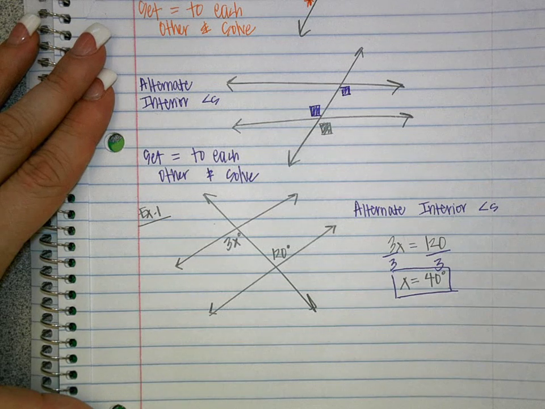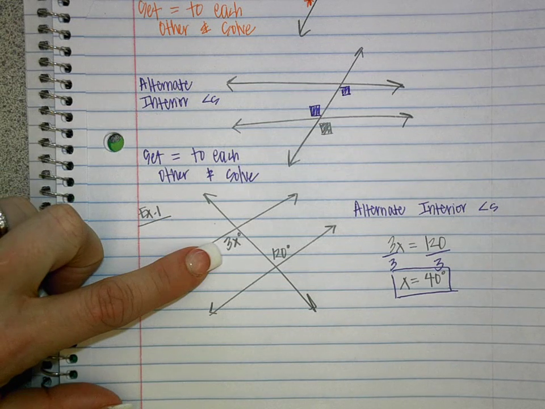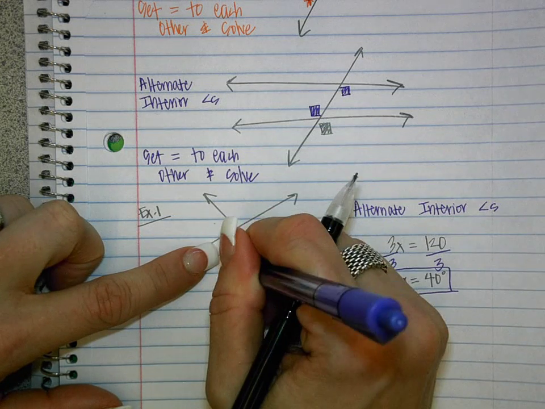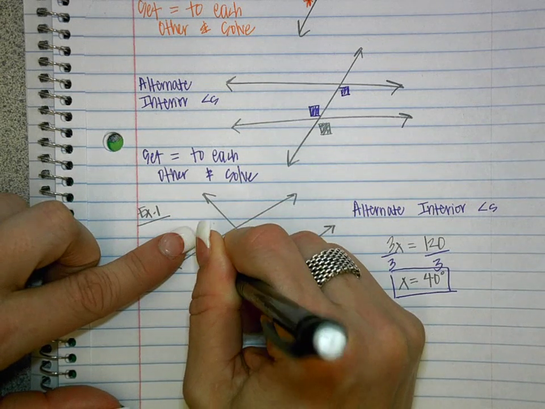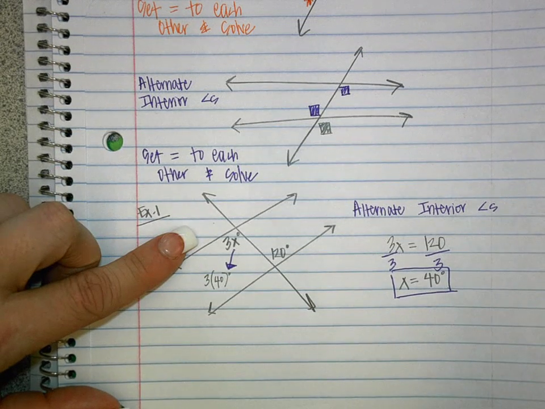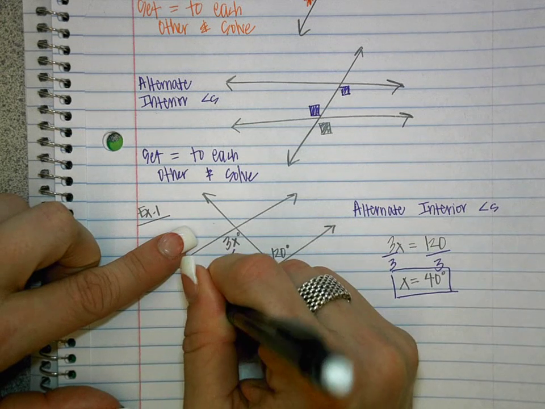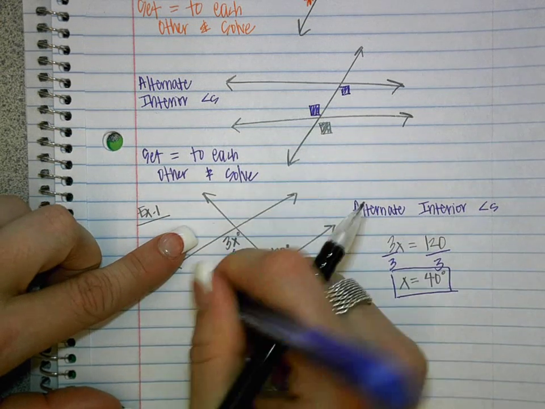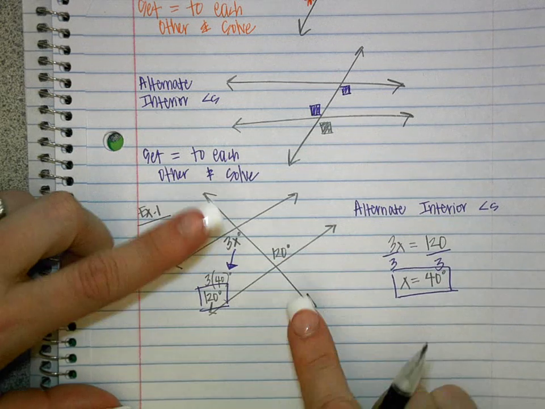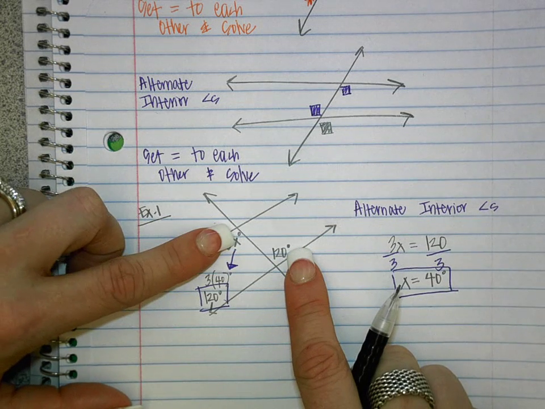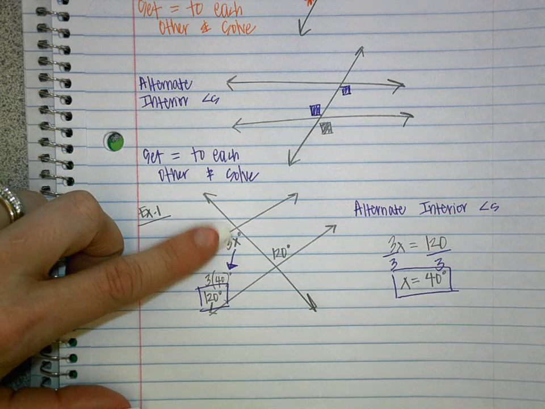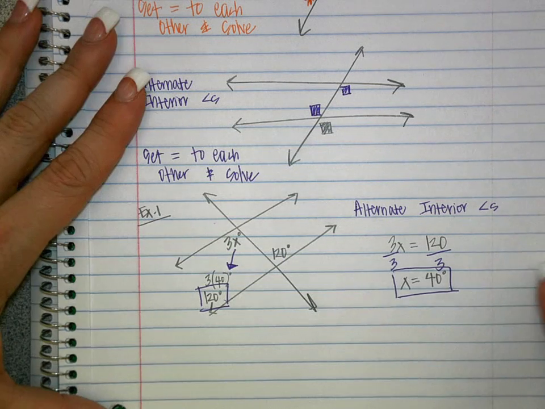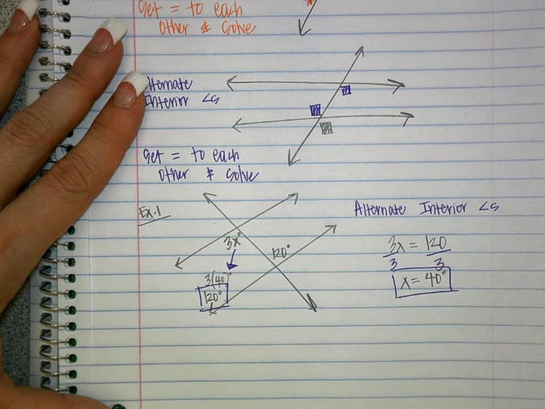How do I find this missing angle? Plug it in. We do 3 times 40 degrees, and 3 times 40 degrees equals 120 degrees. Does that make sense, that both of these are 120? Yes, because they're supposed to be set equal to each other, so they're supposed to be the same answer. Questions on how I did that?